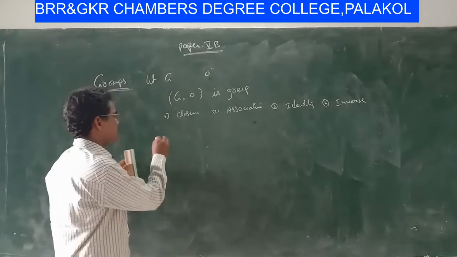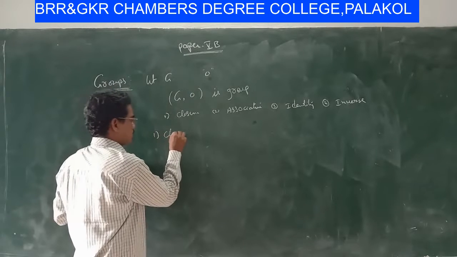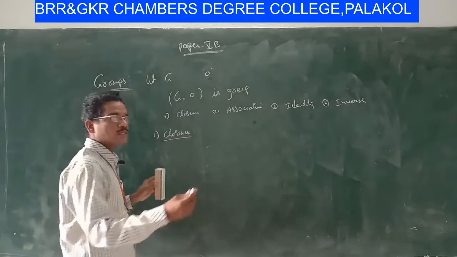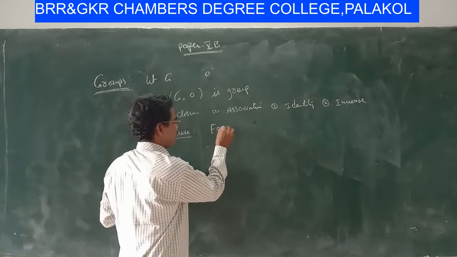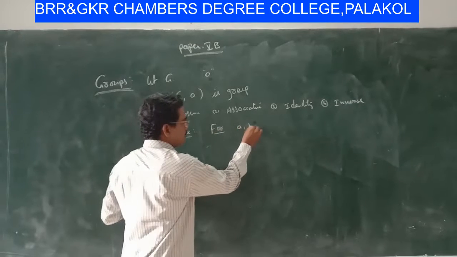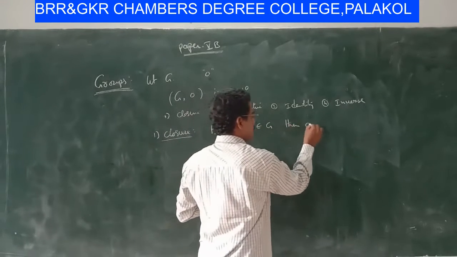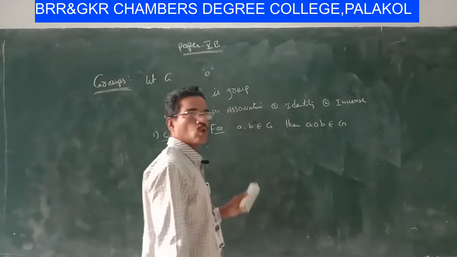Okay. First of all, closure. Closure means for a, b belongs to G, a circle b belongs to G, then it is closure.